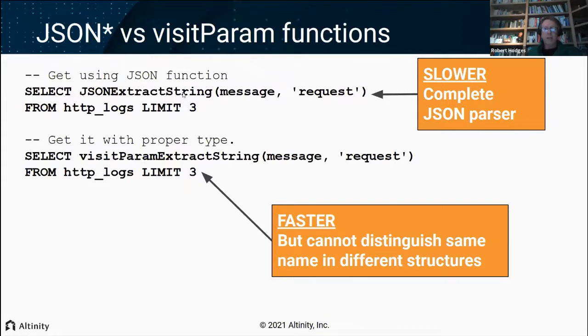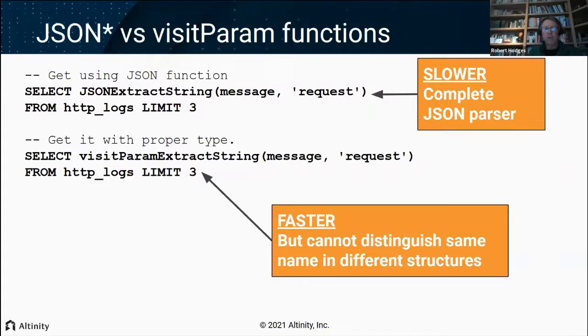They can do everything from extracting single values to walking down paths to extracting keys and values together as tuples. They're quite complete. They do a complete parse of the JSON object, or at least as much as they need to read the values out. So they're slower but more thorough.